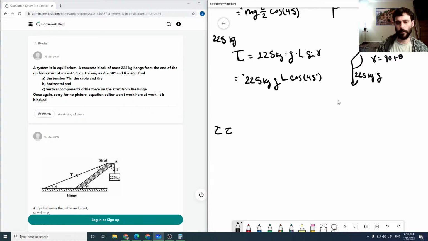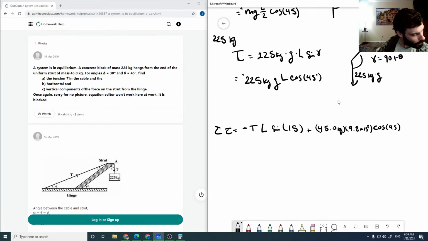So now my sum of torques is, from my tension, minus T L sine of 15, plus my mass of my strut, which was 45 kilograms, times my G, 9.8 meters per second squared, times the cosine of 45, and then plus my 225 kilograms times 9.8 meters per second squared, times the cosine of 45.